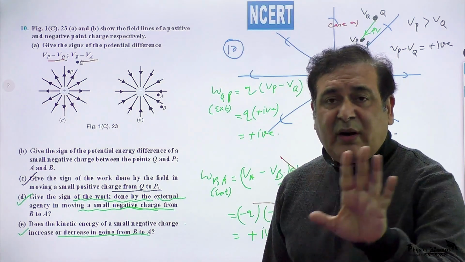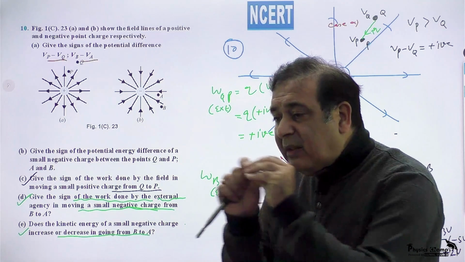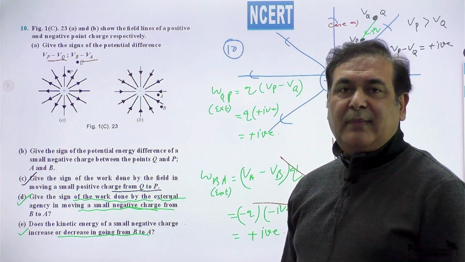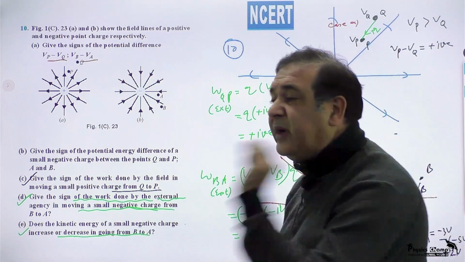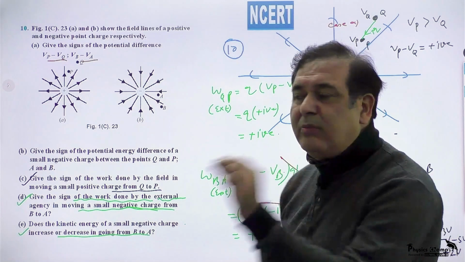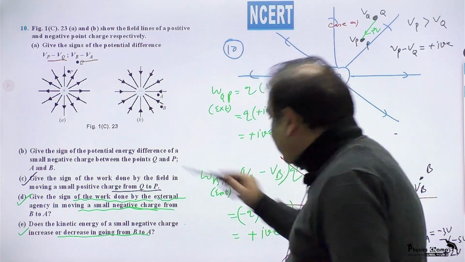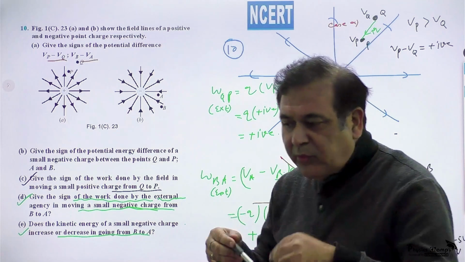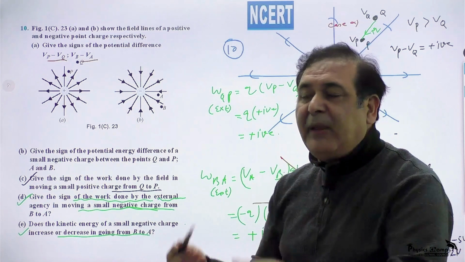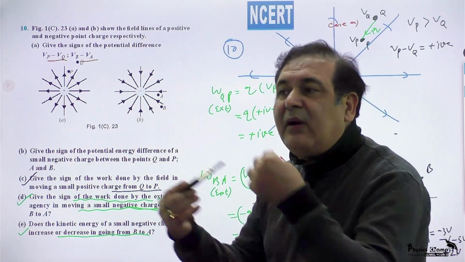So does the kinetic energy of a small negative charge increase or decrease? In this question it is not mentioned that external agency is doing work. It means it is moving itself, and when it is moving itself, but there is an external agency needed to do work, it means the kinetic energy will decrease.